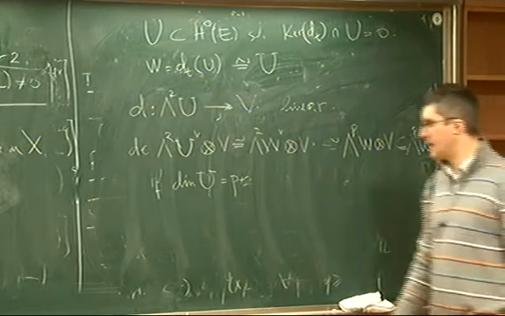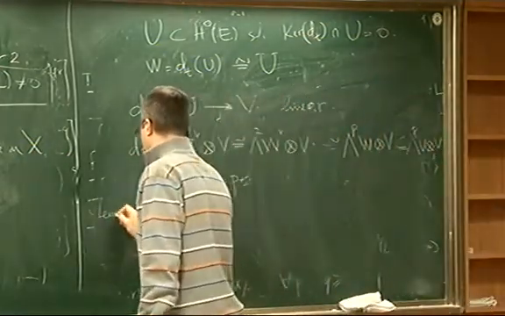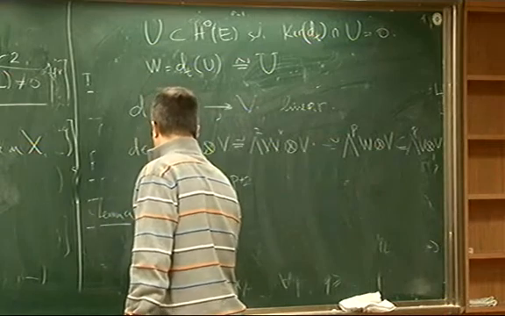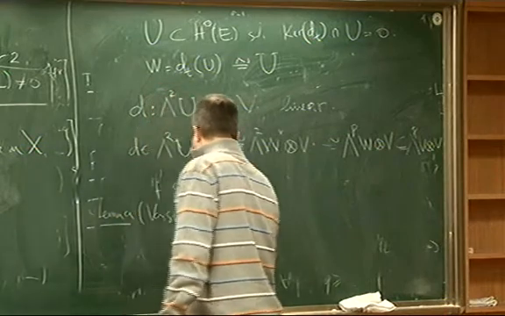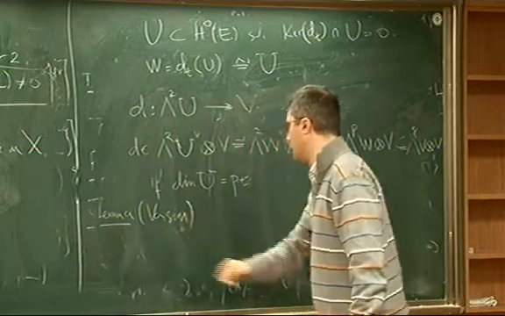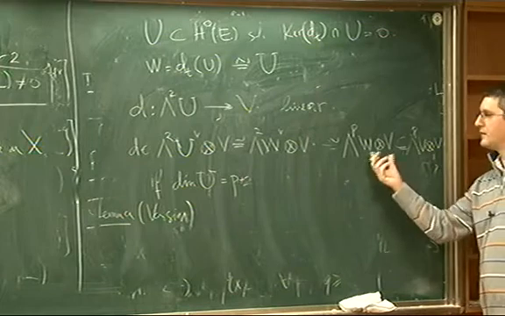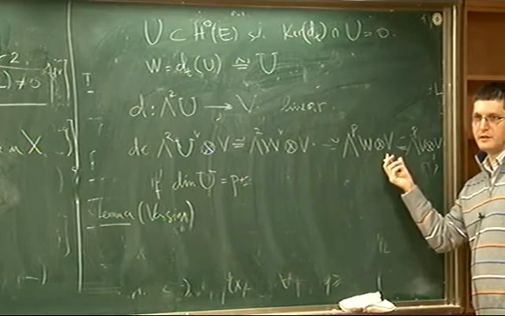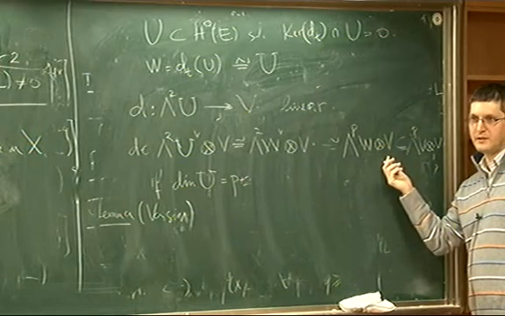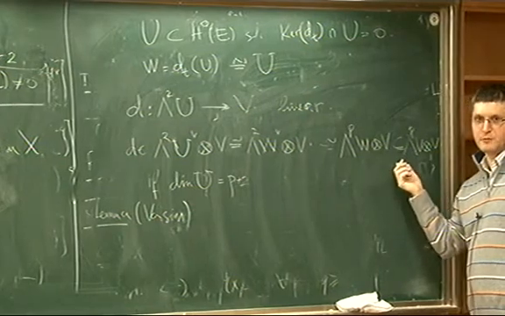And now we have a little lemma, which is due to Voisin, which says that this element here is actually a cocycle. If we apply the Koszul map to this one, we will get 0.